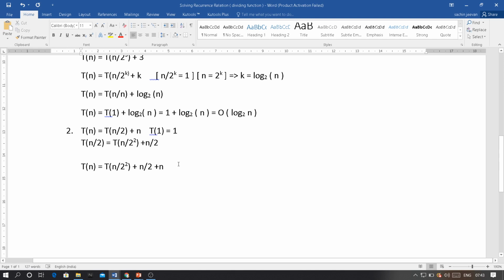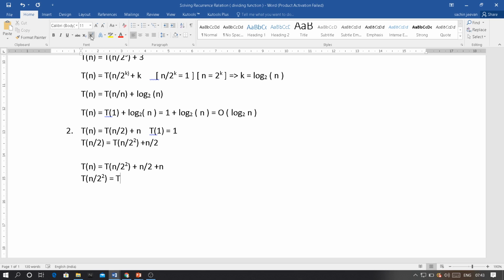Now we have to make one more substitution for the value of T of n divided by 2 square. What is the value of T of n divided by 2 square going to be?